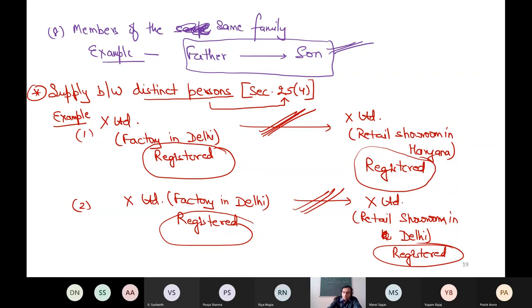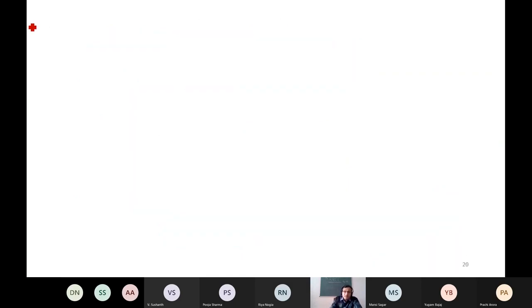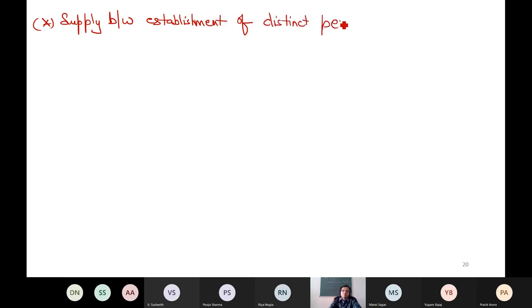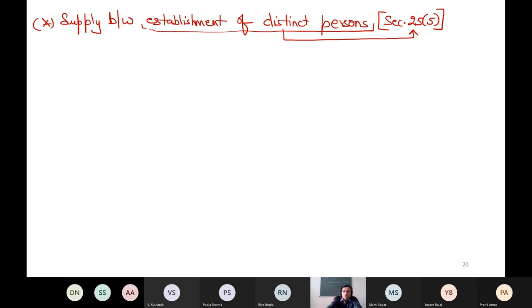Now what is 25.5? Supply between establishments of distinct persons. 25.5 is not the section for the entire supply between these. 25.5 is only relevant for these four words.